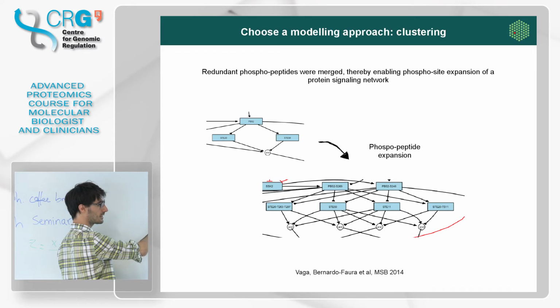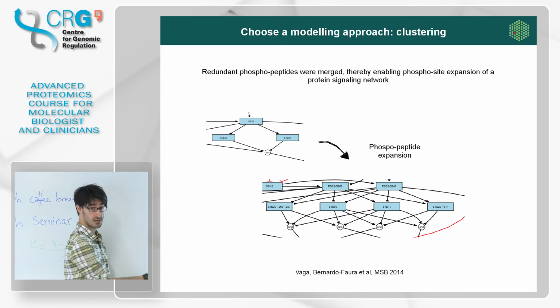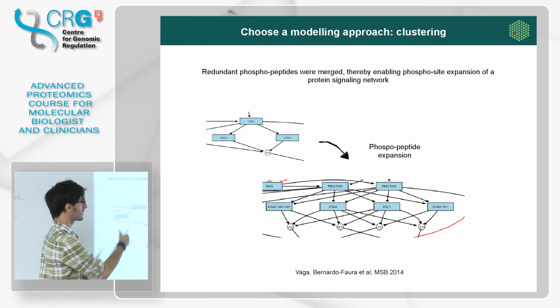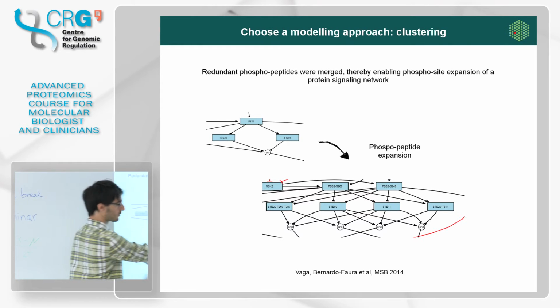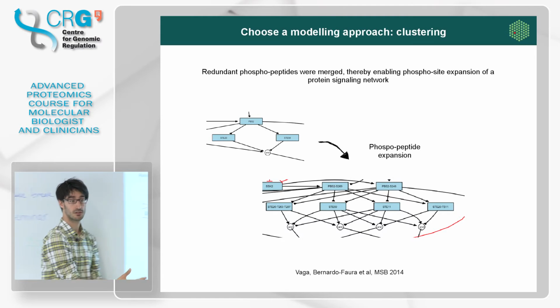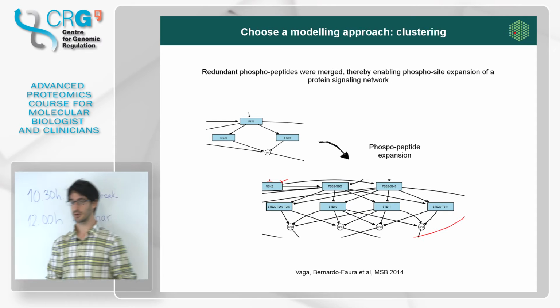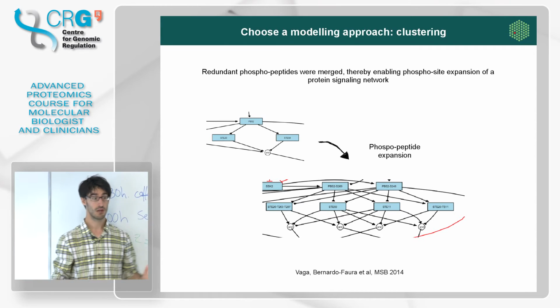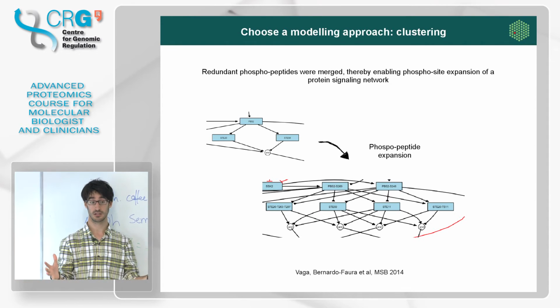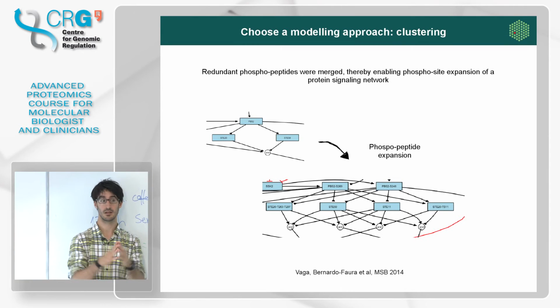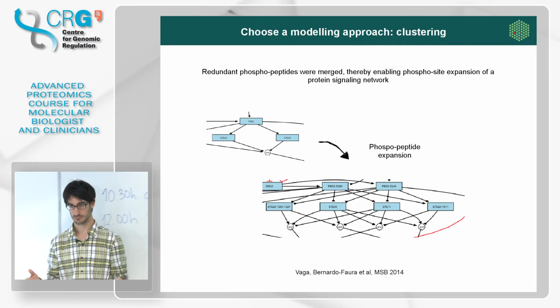And then on this network, based on this clustering approach that I just showed you, we did what we could call phosphopeptide expansion. So we just expanded each one of these proteins into the peptides that we found functionally relevant by using this clustering approach. So anyway, long story short, if you have a lot of peptides and you want to use a signaling network that only contains proteins, you can cluster your peptides together and find which ones are interesting for you.